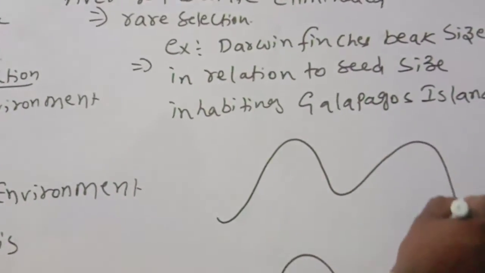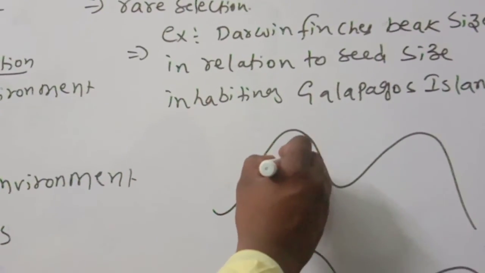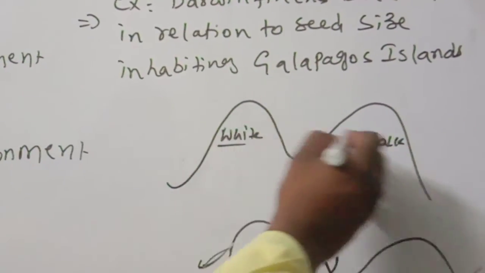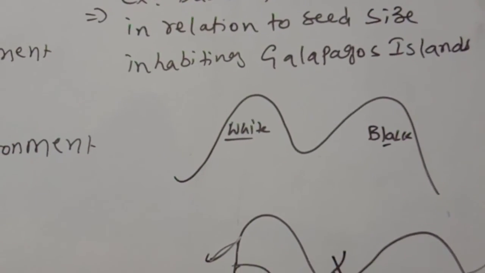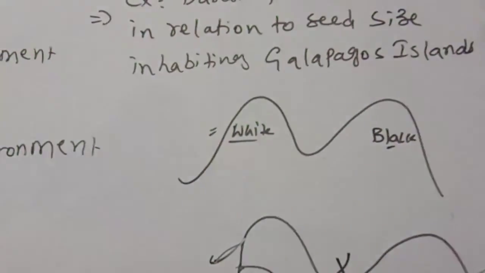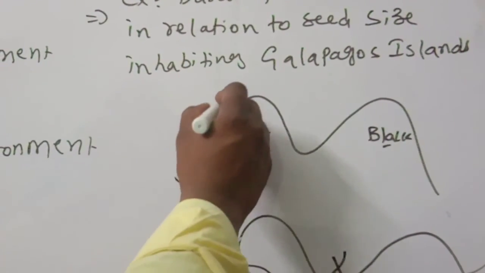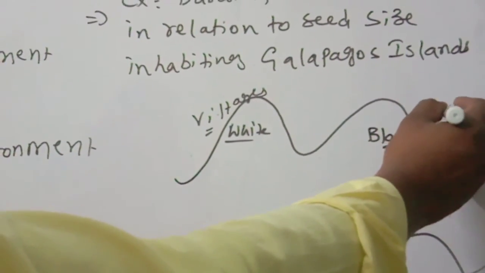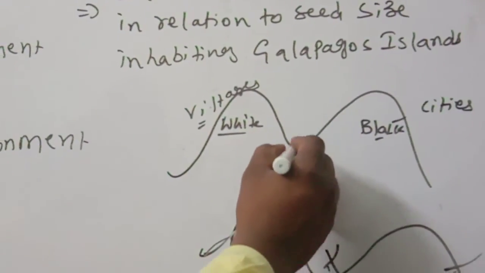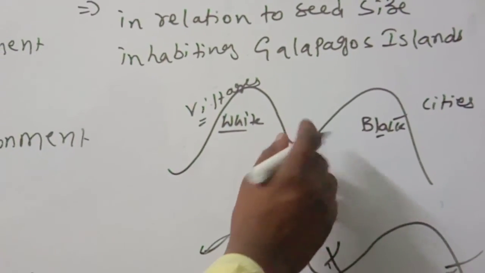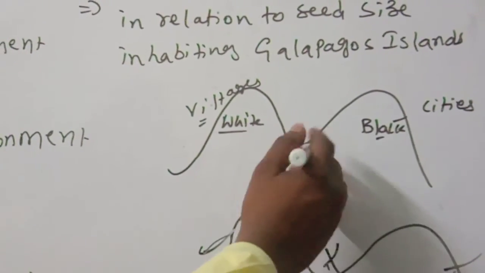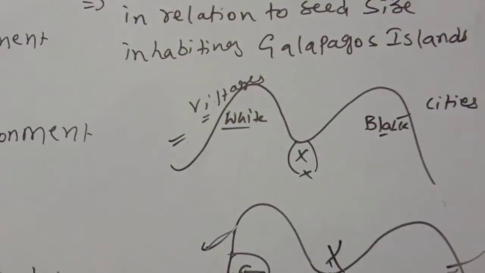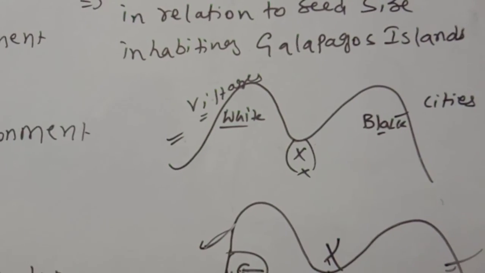One more example I am telling you. You know moths: the white moth survived and the black moth survived. You know the pepper moth, industrial melanism. White moths were in the villages, and black moths in the cities because of industrialization. But the moderate or middle color was completely eliminated.